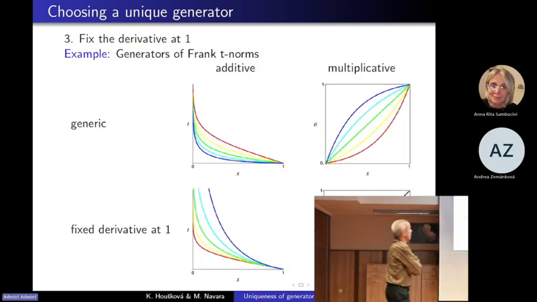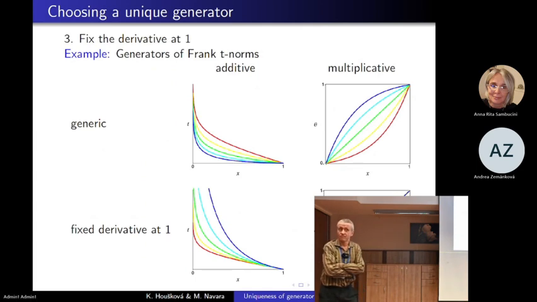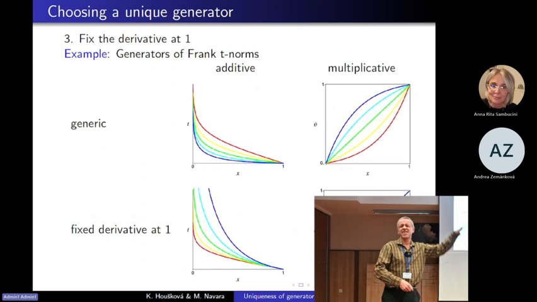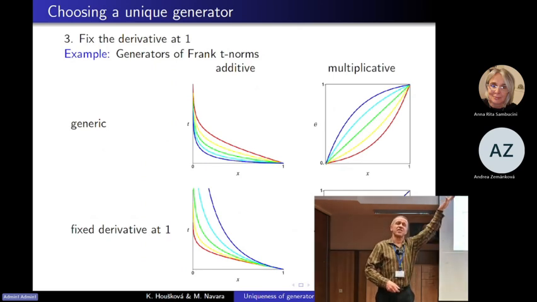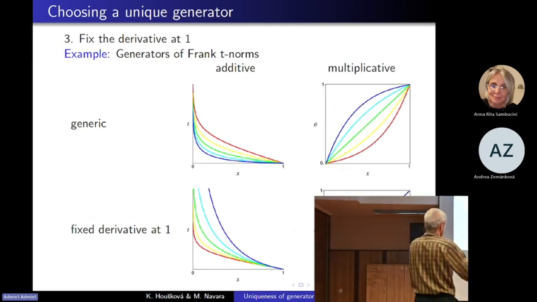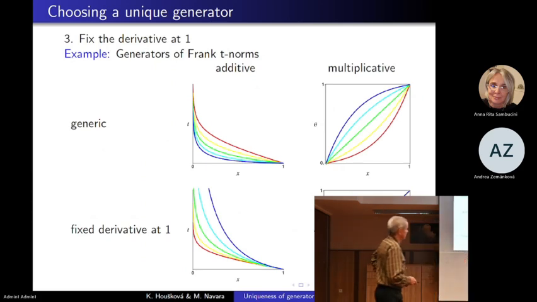What about fixing the derivative? At an endpoint, okay; fixing the derivative at some interior point would be really strange. Let's take the generators which have this slope of the tangent. Forget it. But at the end, that gives reasonable pictures for Frank t-norms.